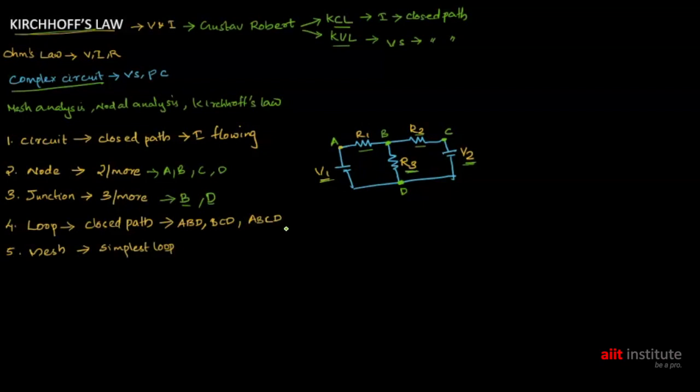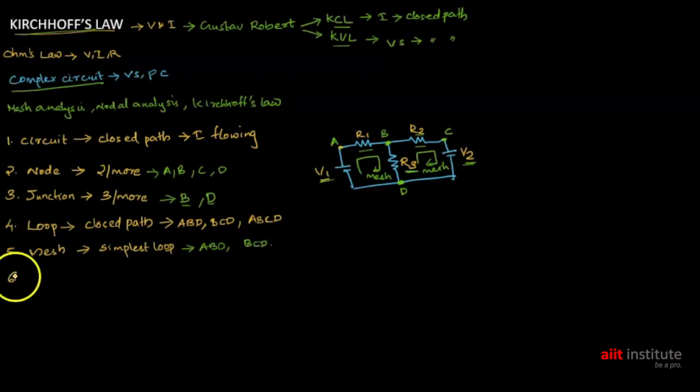A, B, D is a small one and it cannot be further divided. So this path is a mesh. Similarly, here B, C, D is also a mesh. We cannot divide it further. So B, C, D is also a mesh.